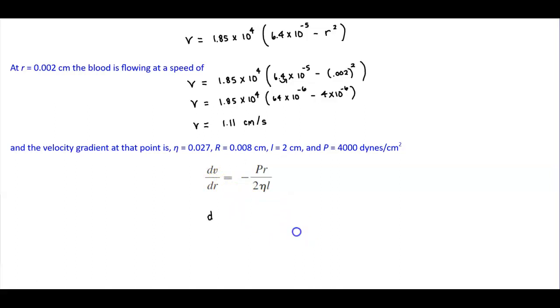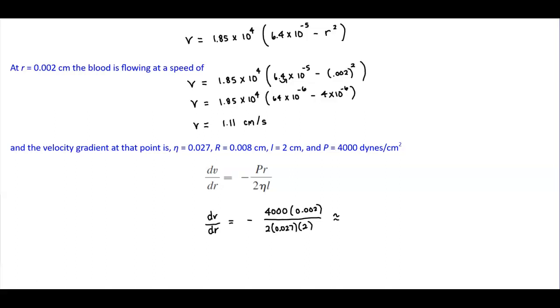If we want to find dv over dr, we know what the derivative is, and we plug in the values: P is 4,000 times r, which is 0.002, all over 2 times eta, which is 0.027, times the length, which is 2.